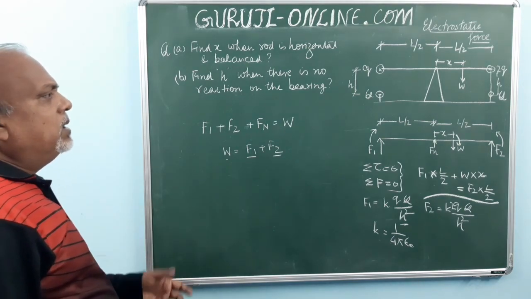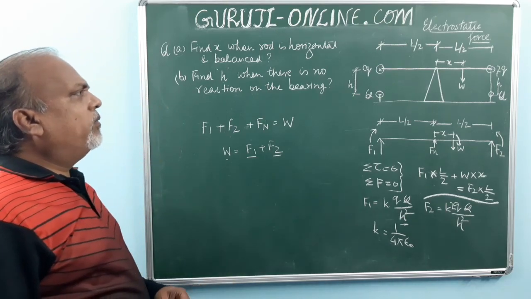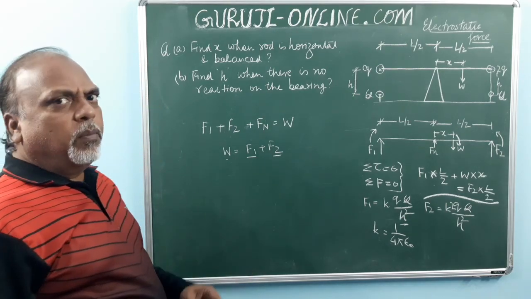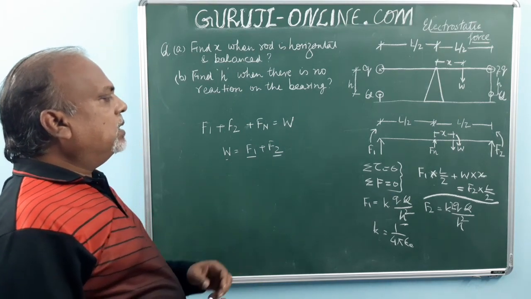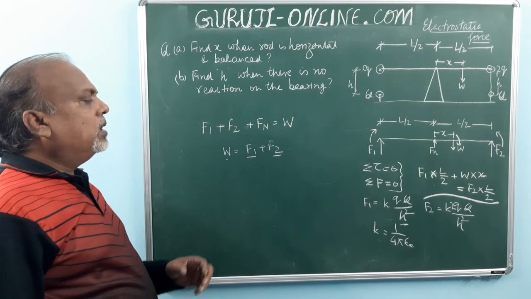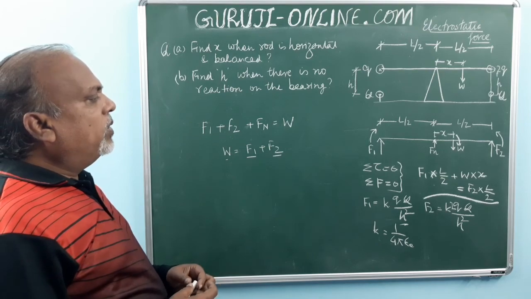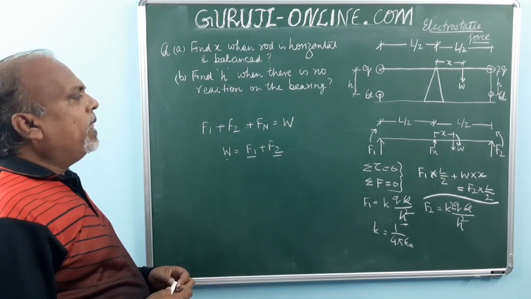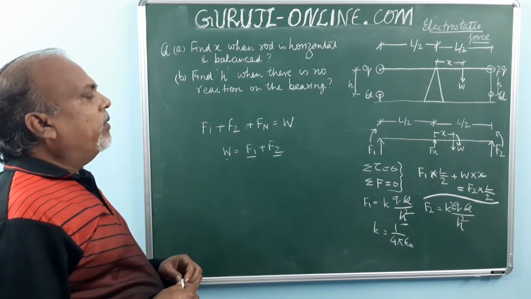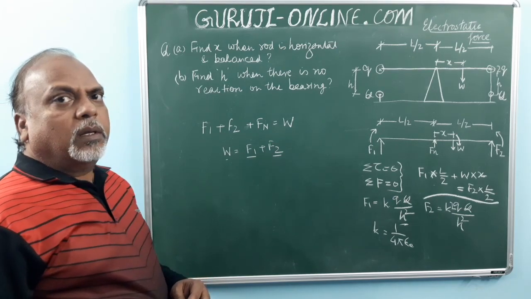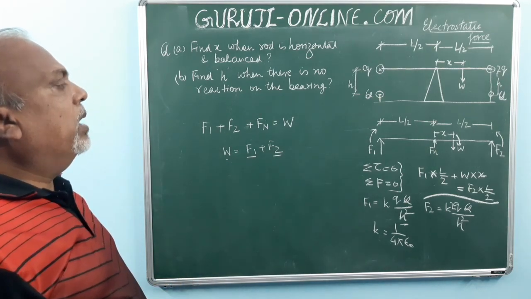So this is an electricity problem, involving electrostatic forces, but basically it is simple mathematics. We can solve it by just our simple mechanics formulas. Vertical forces, balancing vertical forces, balancing torques, and apply the mechanism when the things are at equilibrium.